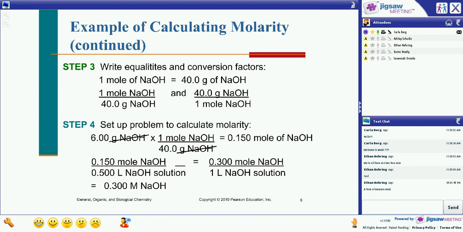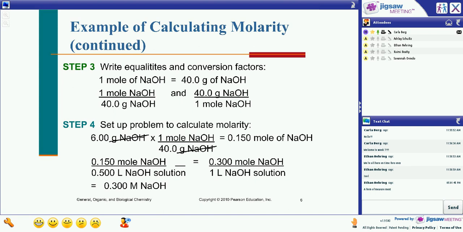Well, we have to think, what is molarity? Molarity is moles over liter. So we have 0.150 moles, and if we look back at our original problem, which I know you don't have on your screen anymore, the original problem said there was 0.50 liters of sodium hydroxide.